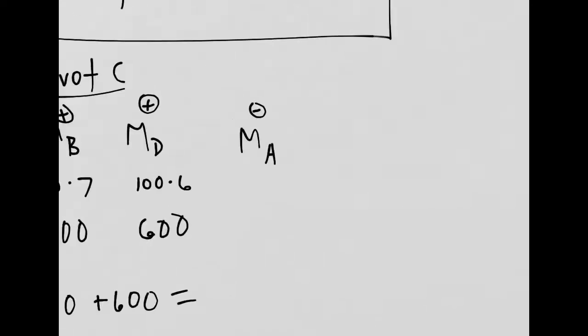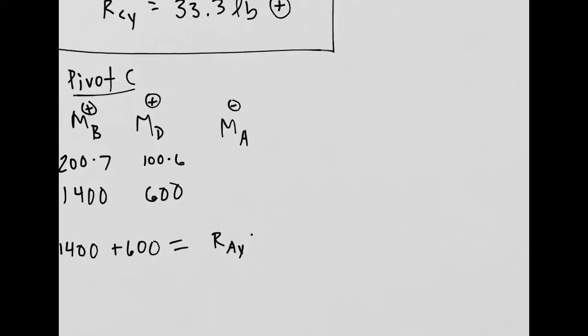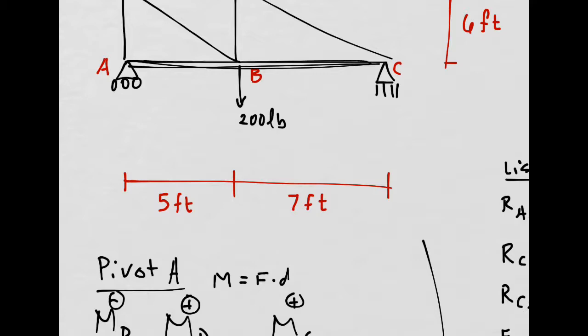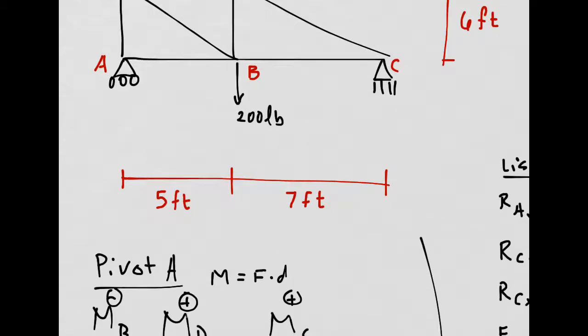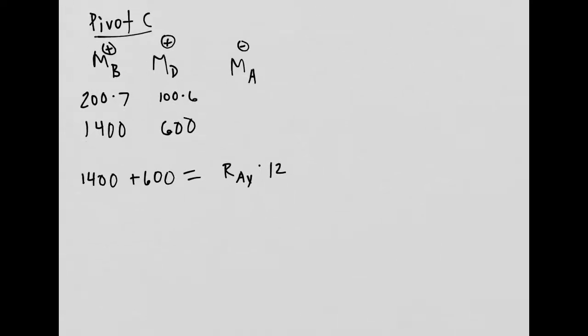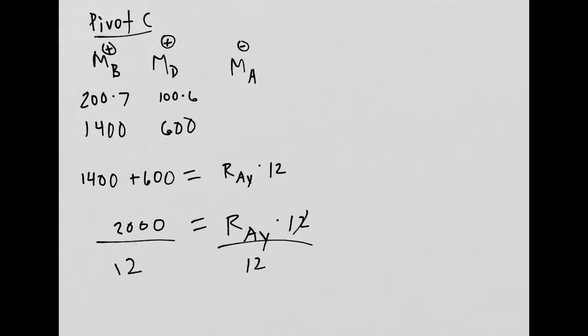RAY times the distance, right? Here's a distance here, and that's a 12. And then it's a 2,000 and we simply divide it by 12. When we divide it by 12, we get our answer for RAY.